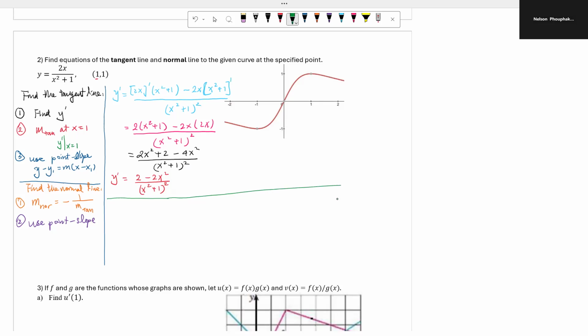And now, let's see. If I want to find the tangent line, go with y prime evaluated at x equal to 1.